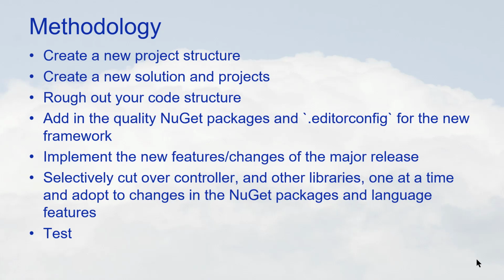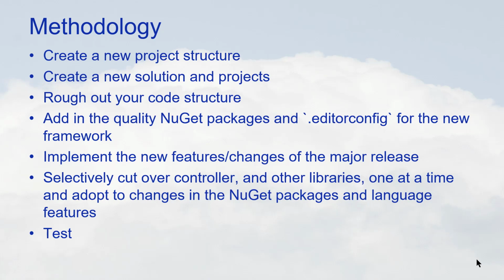So generally what we find is create a new project structure alongside the old one, typically in a parallel folder tree, create the solution and projects, rough out your code structure, add in your standard NuGet packages for quality and security, and then start customizing, particularly the startup, which is probably the major change, program and startup, and then selectively cut over the controller and other libraries one at a time.